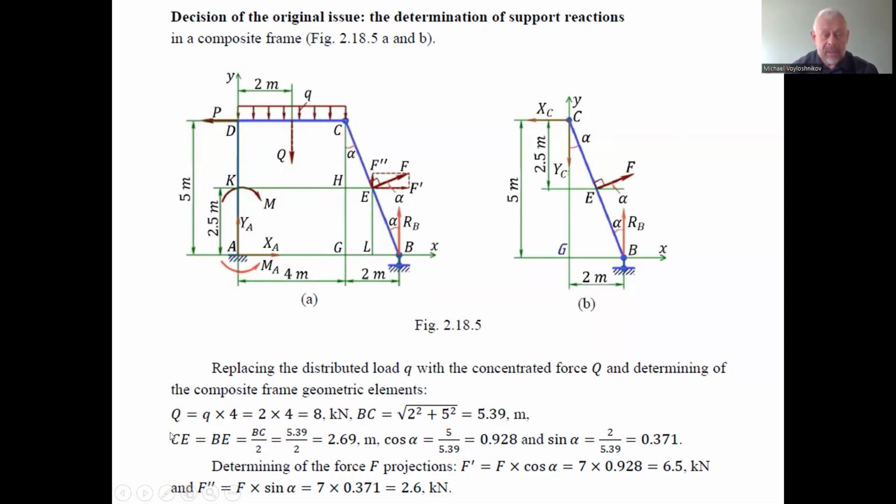BC, CE is a and BE is a half of the diagonal, the right angle triangles, 2.69 meter.